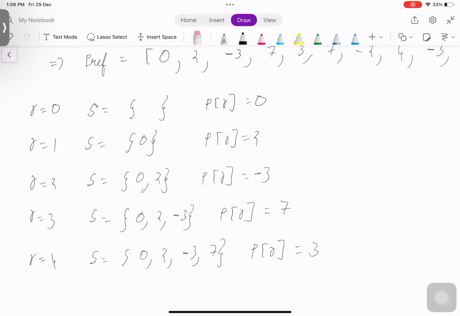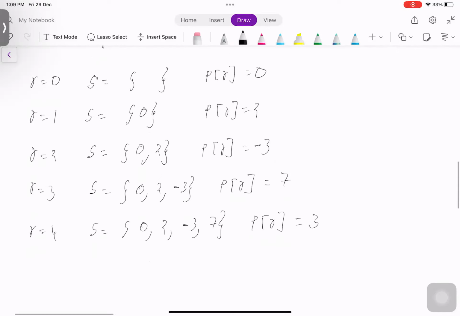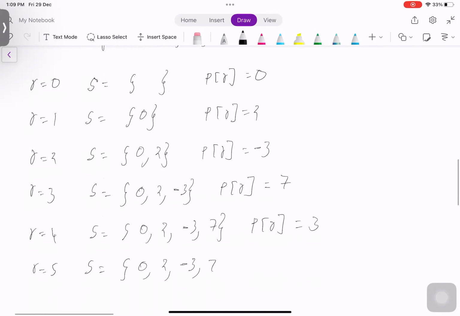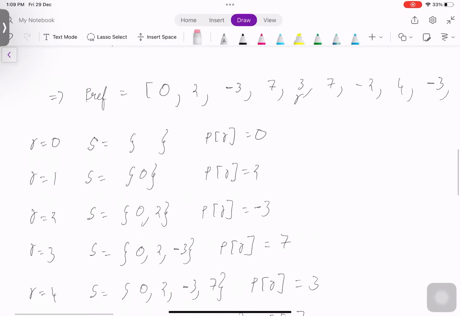If we look over when we move R over here, we can see there is no 3 in the S. So now we move R further until we find some subarray. Now in this case, PR is 7.